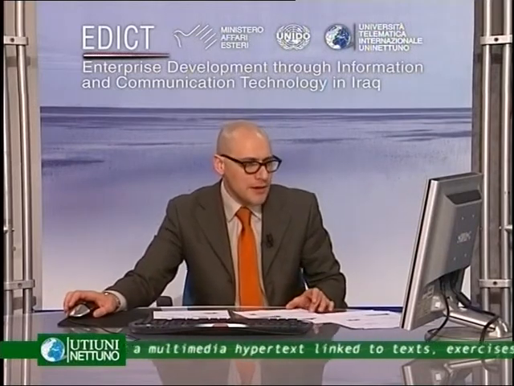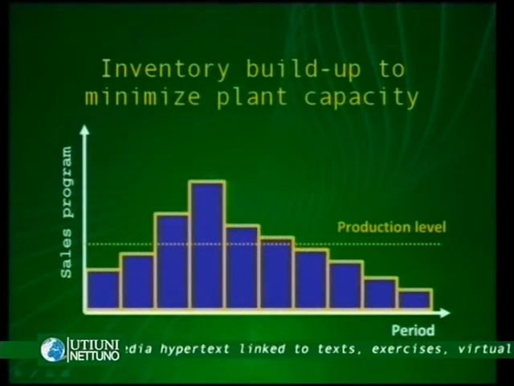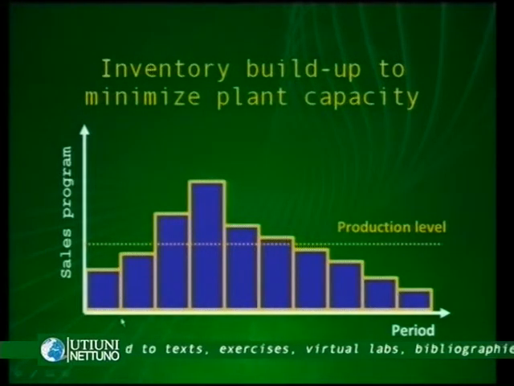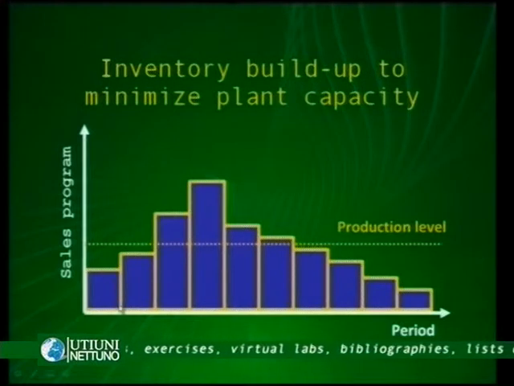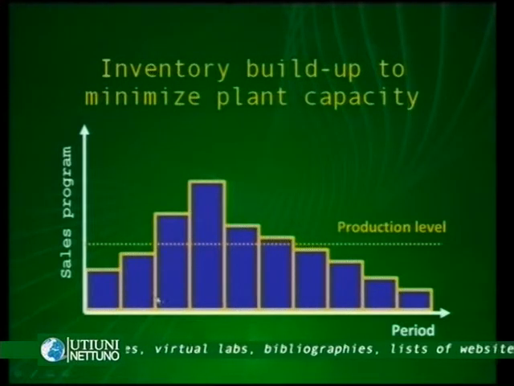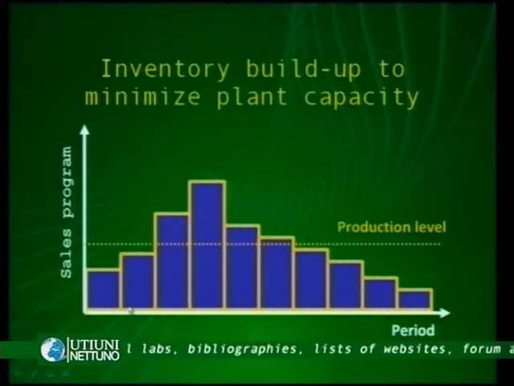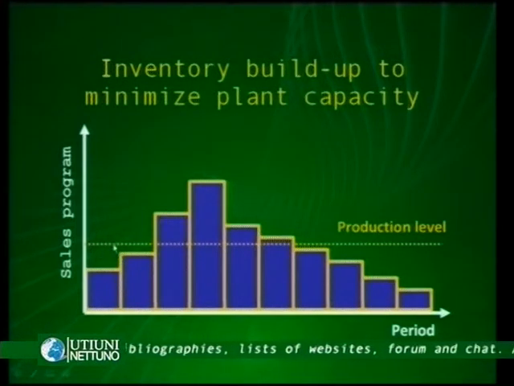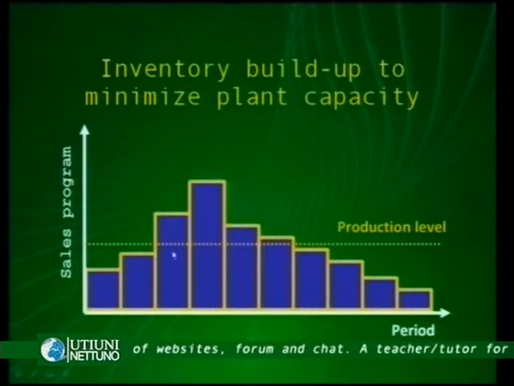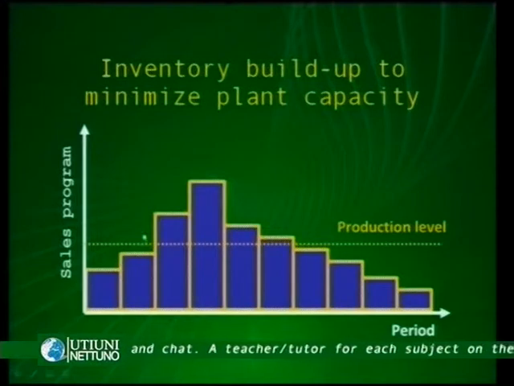Now, the point is that during different periods of time, as you might see, we have feasible production levels which are way below the maximum production level. Sometimes, instead, we have a demand which is exceeding the production level.